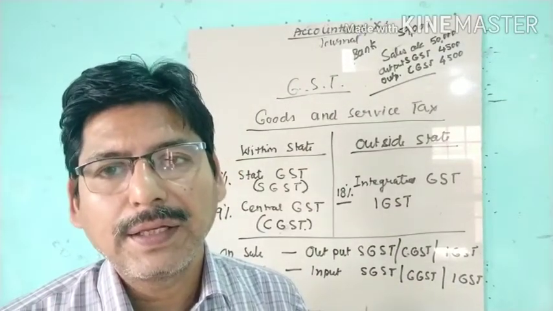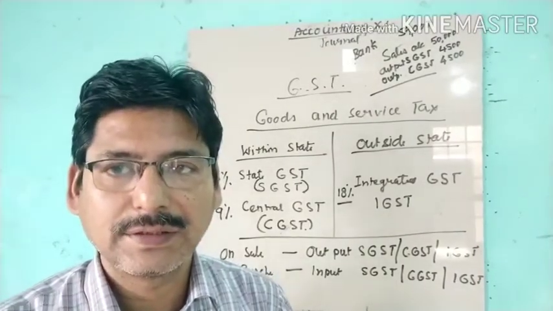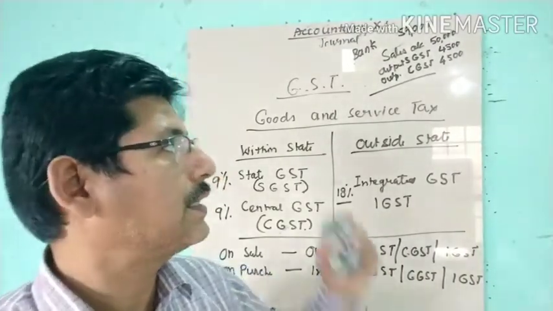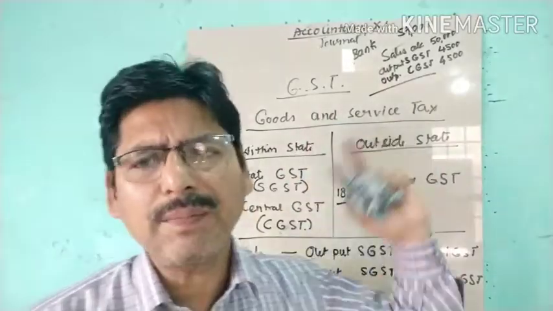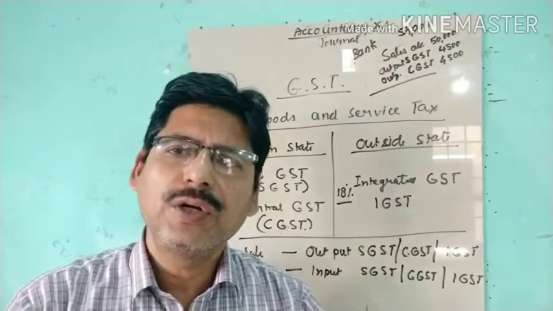Okay, now if it is IGST in place of CGST, the same transaction is there. We sold goods of 50,000 to some other state.